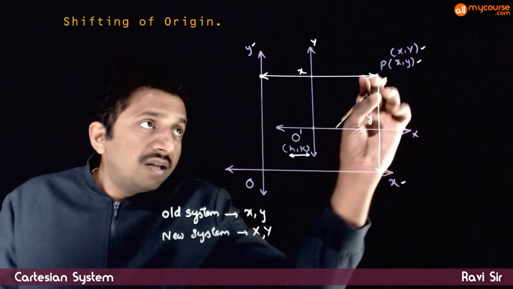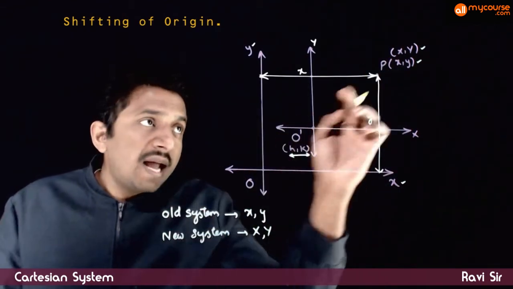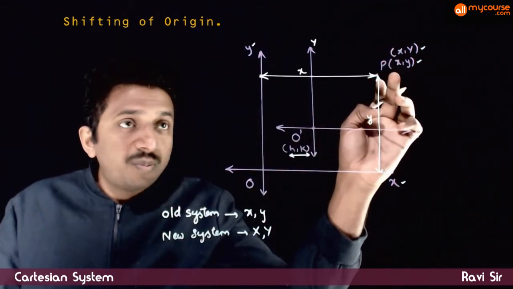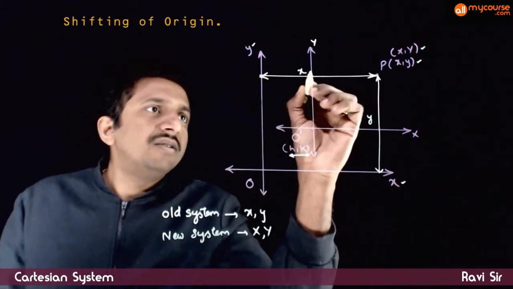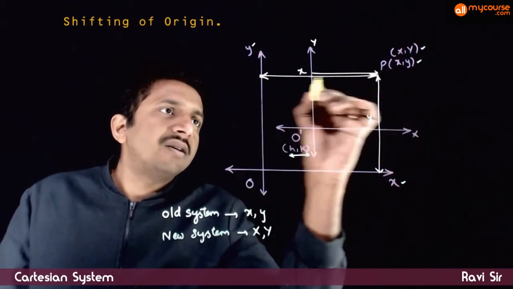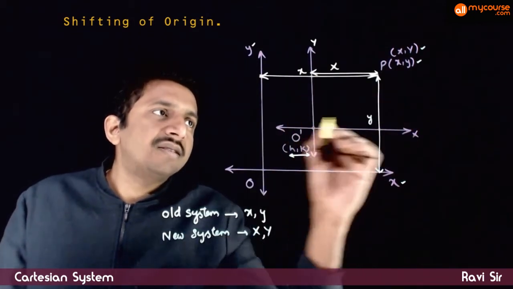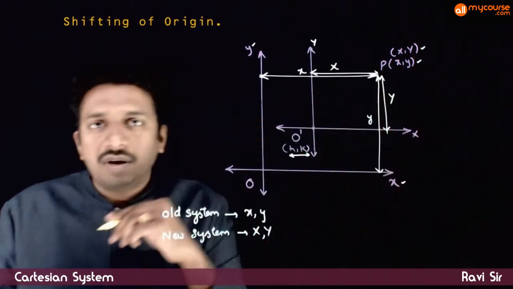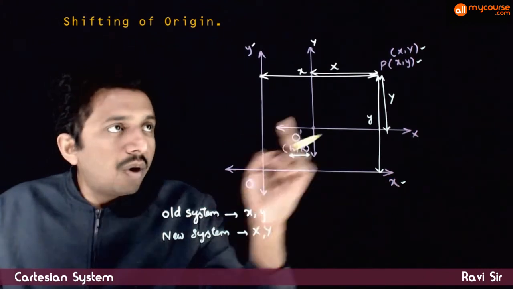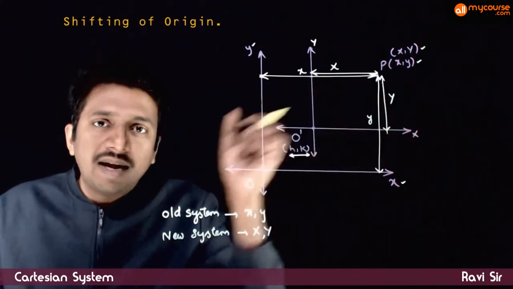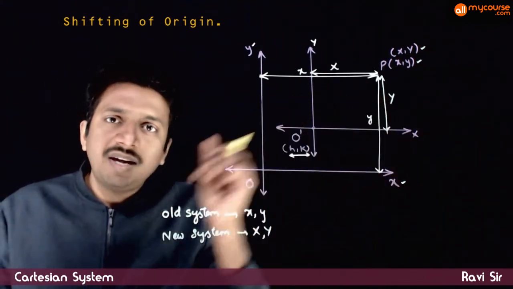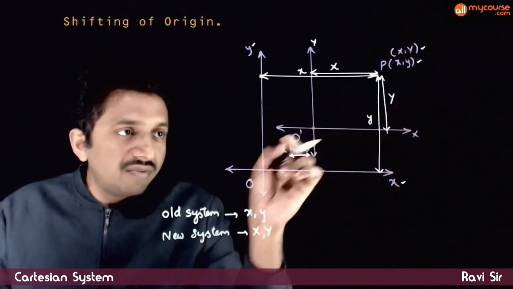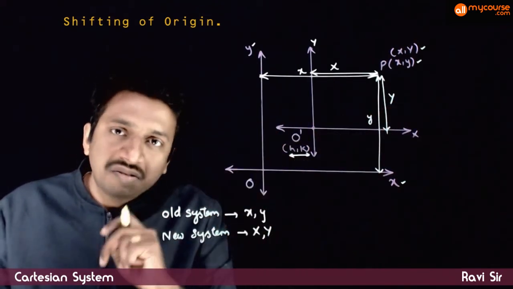Now, what is capital X and capital Y? Capital X is the distance of this point from the new y-axis. So this distance is nothing but capital X and this distance is nothing but capital Y. Now what is the relation between small x and capital X, small y and capital Y? That relation will depend on where the origin is shifted.